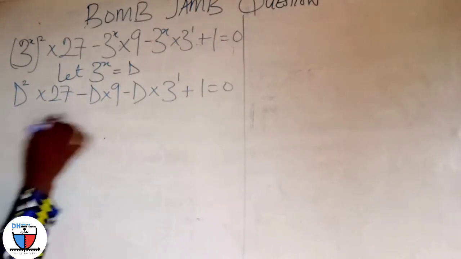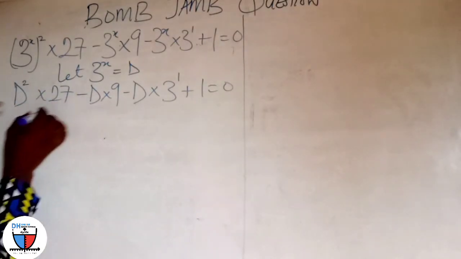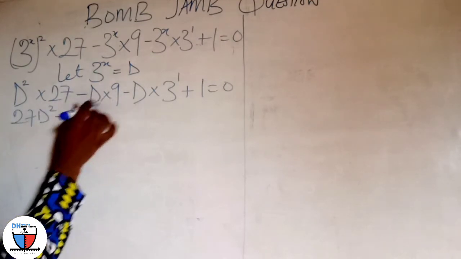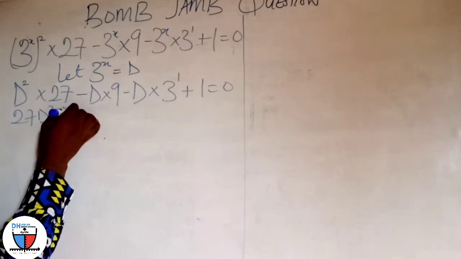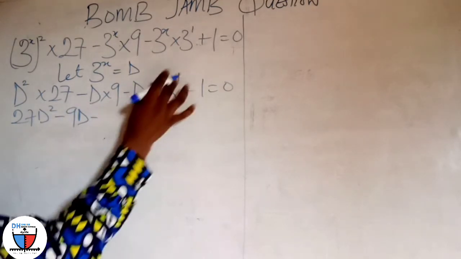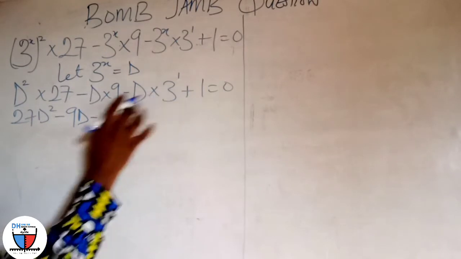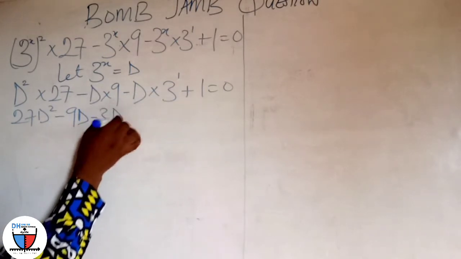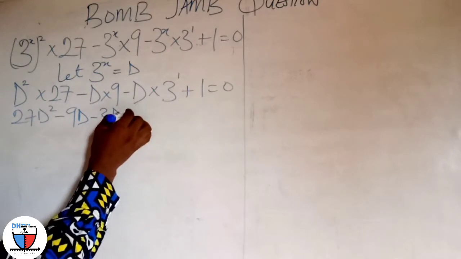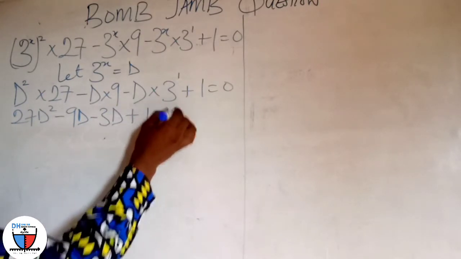So I will continue. D squared times 27, that is 27D squared, minus D times 9, that is minus 9D, minus D times 3 raised to the power 1, that is 3D. Alright, so from this part now we have plus 1 equal to 0.